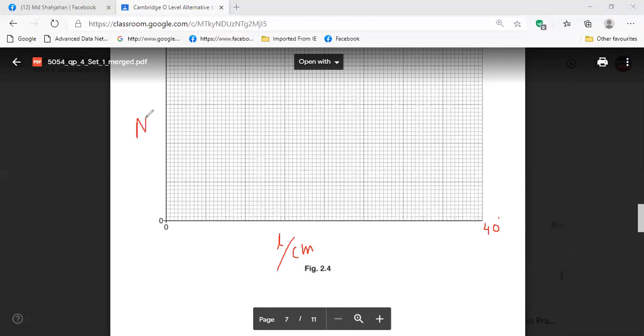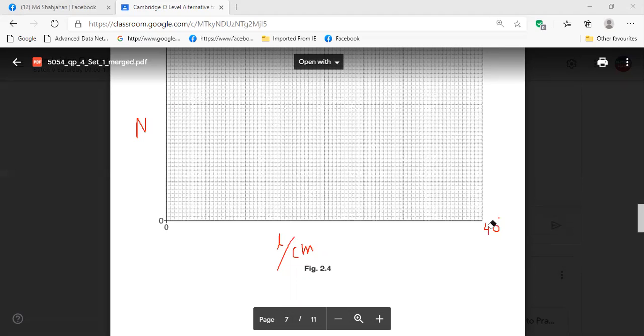Yes. And N does not have any unit. This one I have to remove.